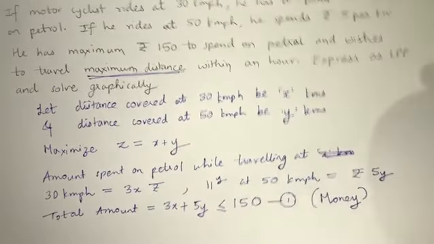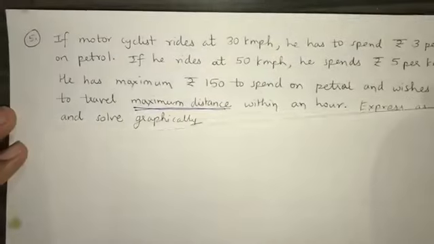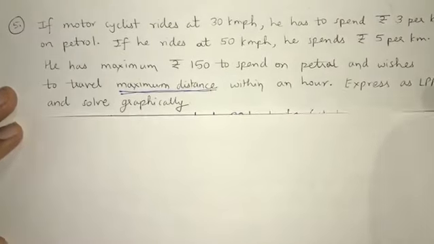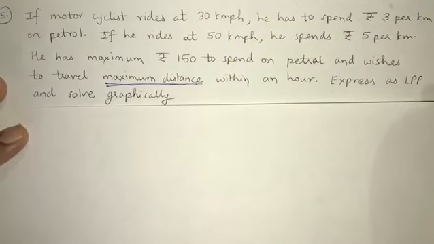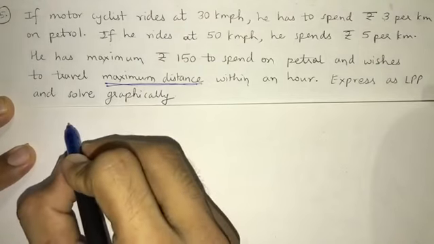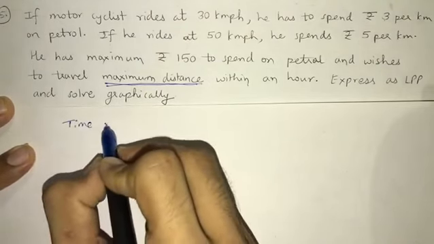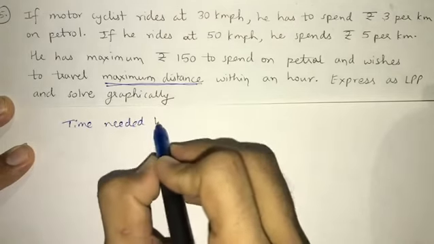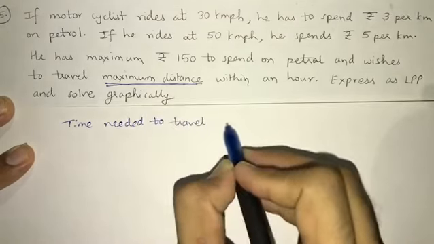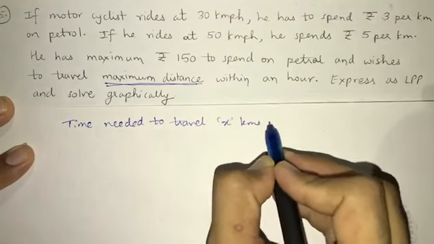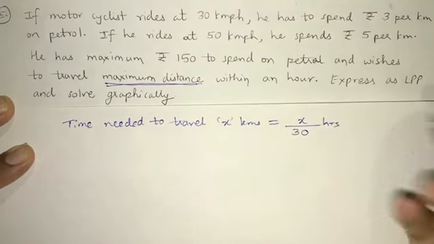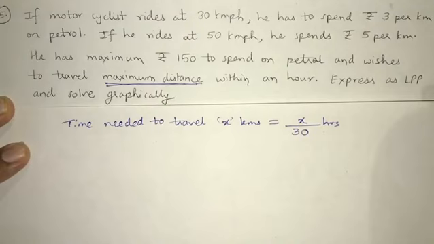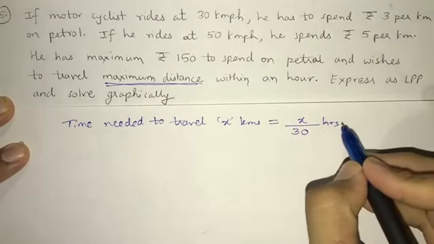The next constraint is the time constraint. Time cannot exceed 1 hour. Everything has to be completed within 1 hour. The time needed to travel x kilometers is x upon 30 hours, distance upon speed.